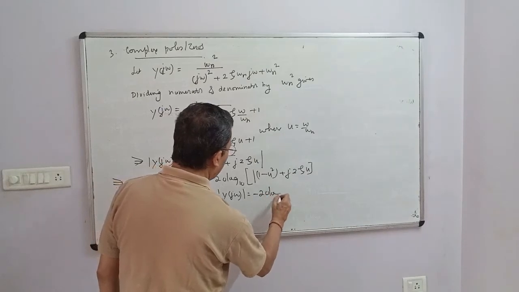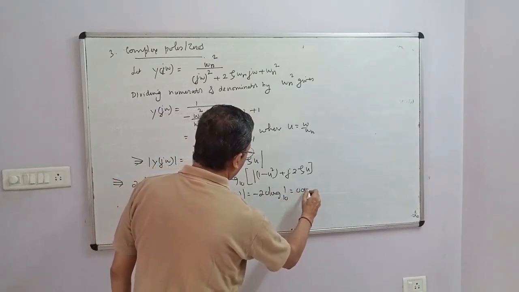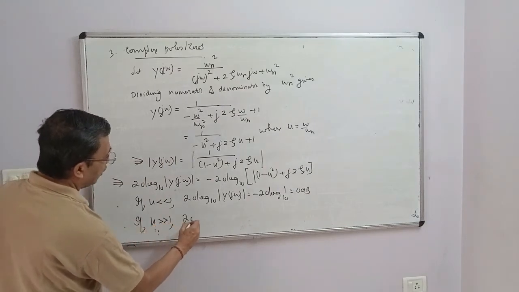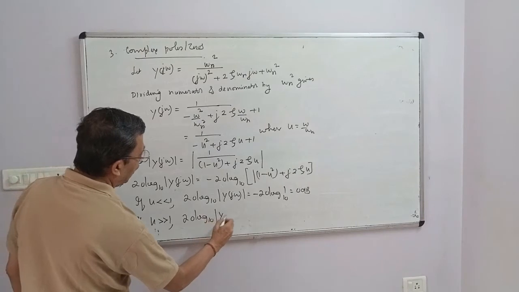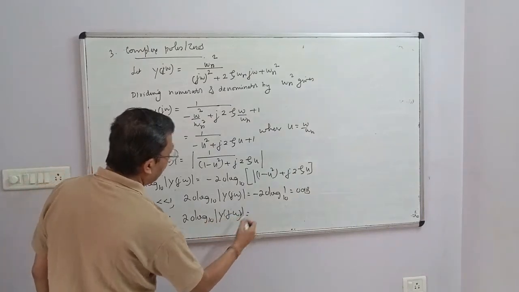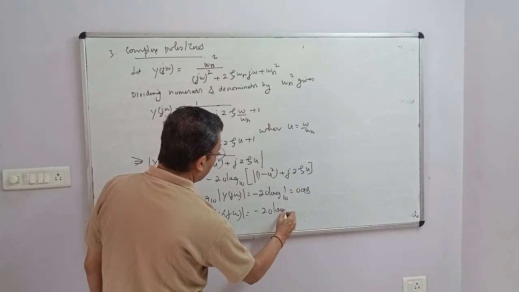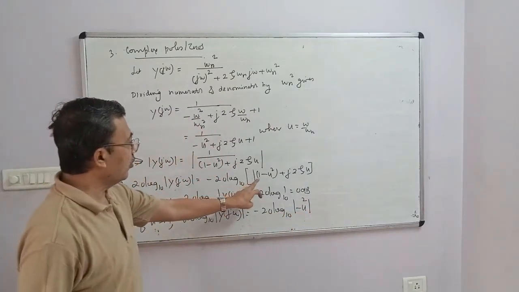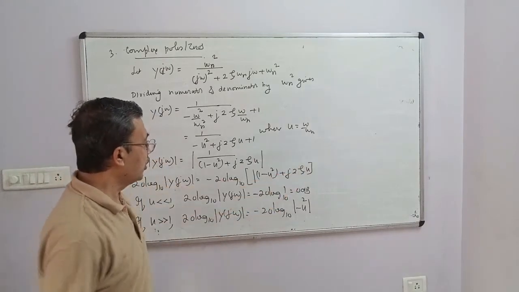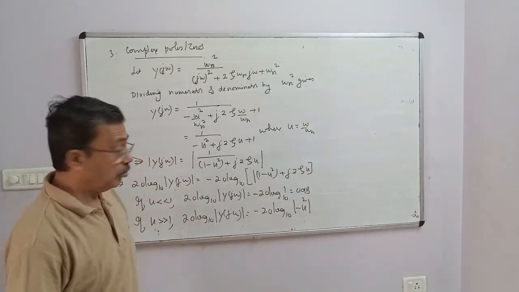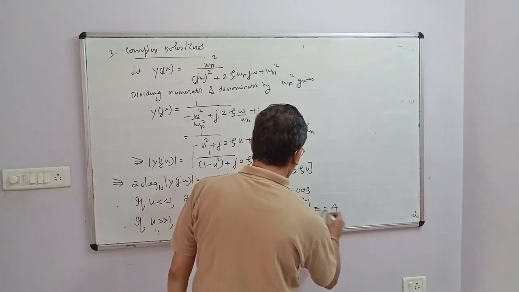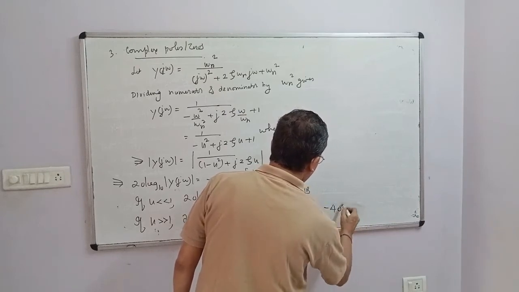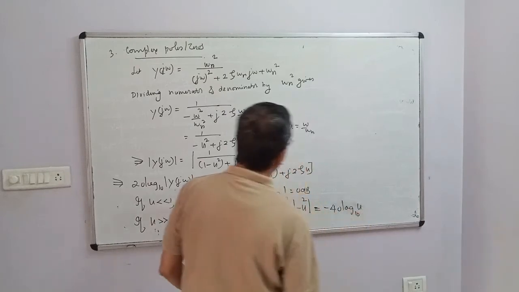You get minus 20 log 1 to base 10, which is equal to 0 dB. If u is very much greater than 1, 20 log to base 10 modulus of y of j omega is equal to minus 20 log to base 10 modulus of minus u square. I am neglecting 1 and the j times 2 zeta u term. Modulus of minus u square is u square, therefore you get minus 40 log u to base 10.